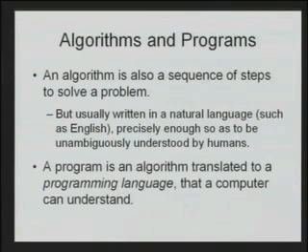A program, on the other hand, is essentially an algorithm translated to what is known as a programming language that a computer can understand and execute. So that's the fundamental difference between an algorithm and a program. You might think of an algorithm as a solution to a problem, whereas a program is the translation of that solution from English to a programming language that a computer can understand.